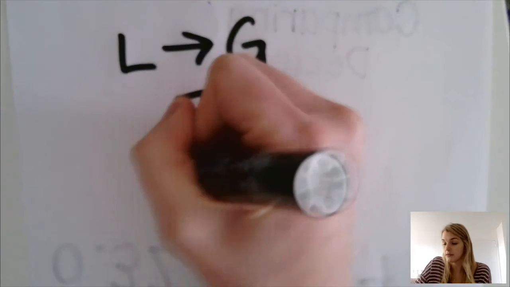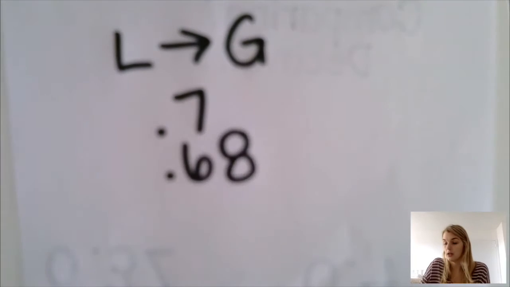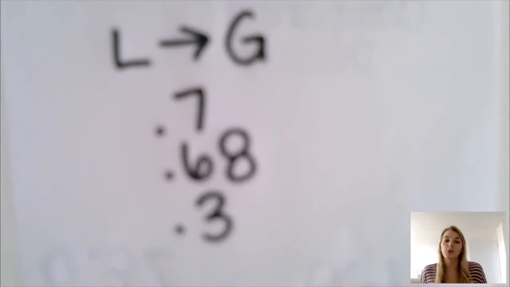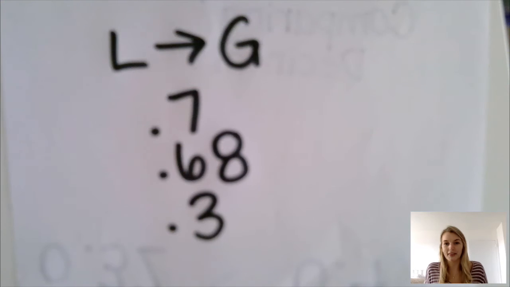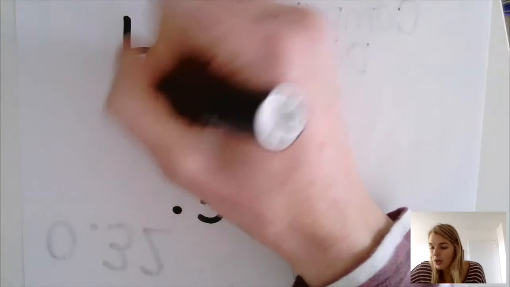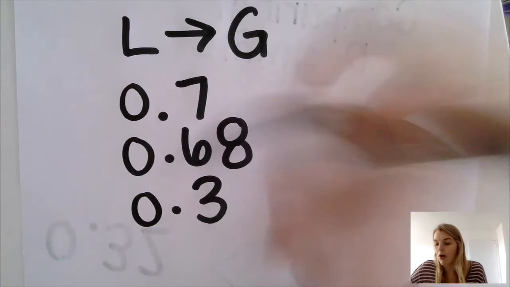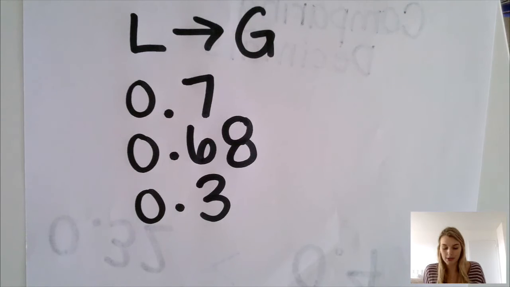So let's say we have the numbers 7 tenths, 68 hundredths, and 3 tenths. Now we can use that trick that I taught you before. These are hard to compare because they're not on the same playing field. They're not all in the hundredths place, because these two are in the tenths place.